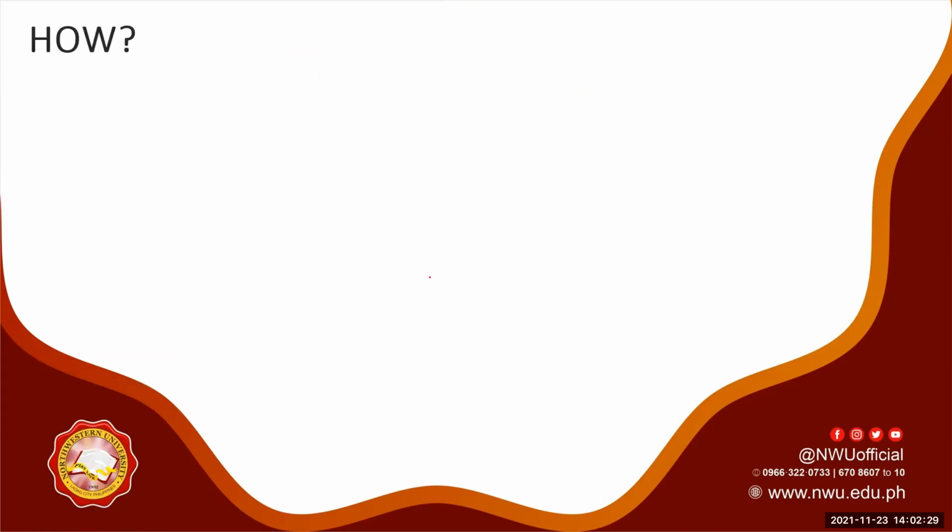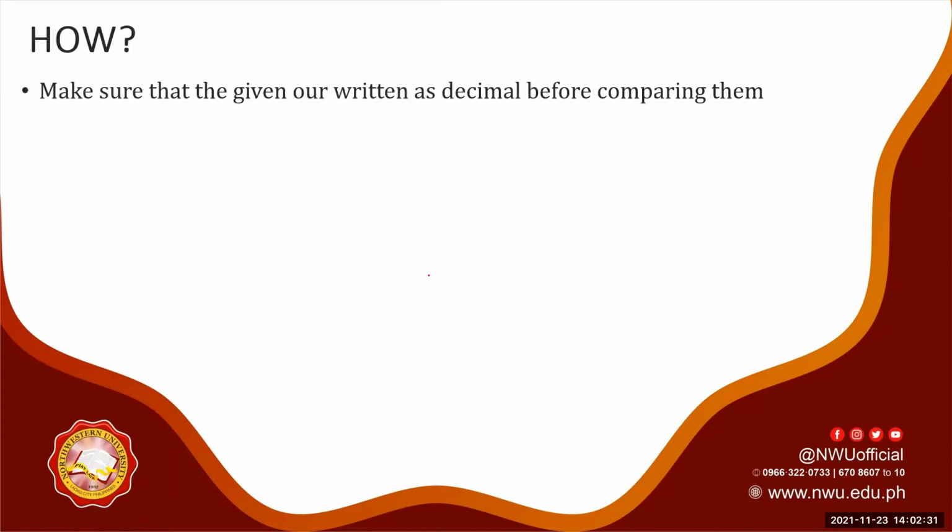And ang una ninyong gagawin is just to make sure na lahat ng given ay rewritten or converted into decimal. So lahat ng fraction gawin ninyong decimal. Lahat ng decimals na given as it is lang, decimals pa rin. Kasi ang kailangan ninyong makita ay decimals. Mas madaling mag-compare ng decimals kaysa mag-compare ng fractions.